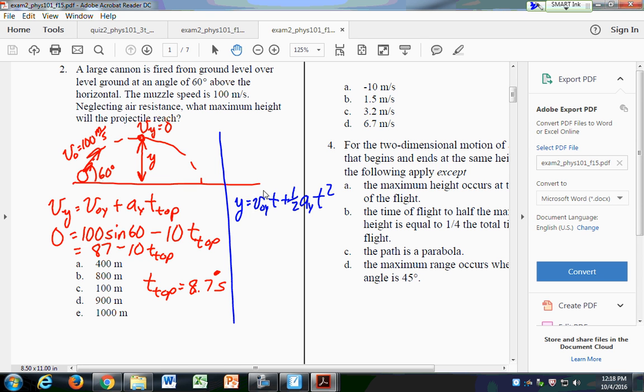It's 100 sine 60, which is 87, times 8.7, minus 5, that's half of negative 10, times 8.7 squared. I don't know what that gives me, but let's see. As I said, you won't have to use the quadratic at all. 760 minus 380, 400 meters.